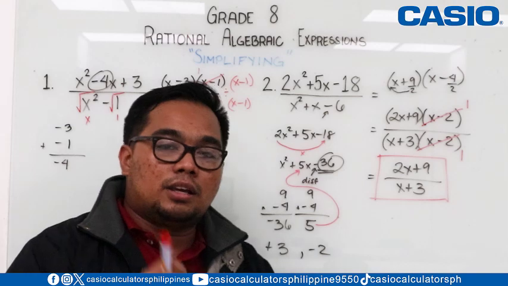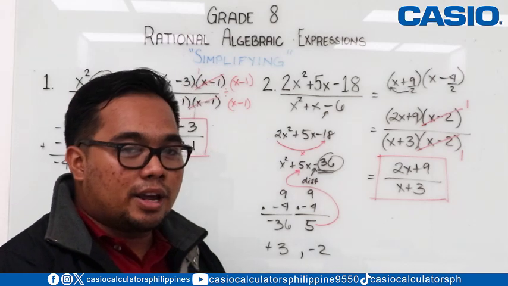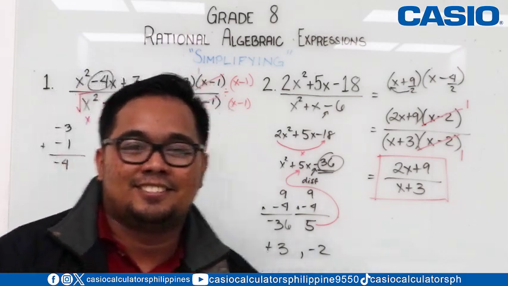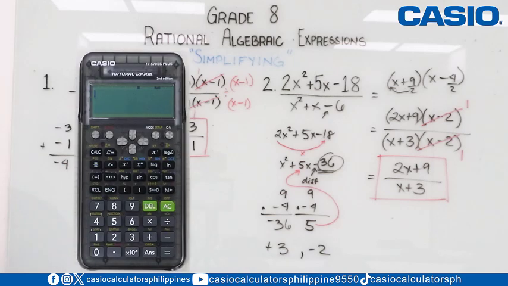Now, let's check if this answer is correct using our calculator. Now, the same idea we will be applying to verify if our answer in problem number 2 is correct.